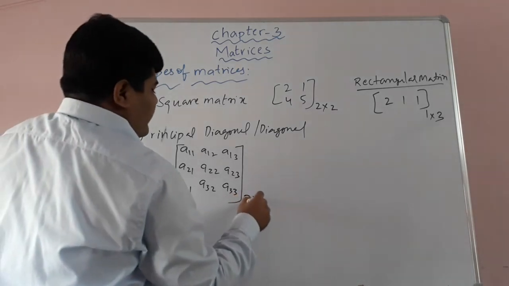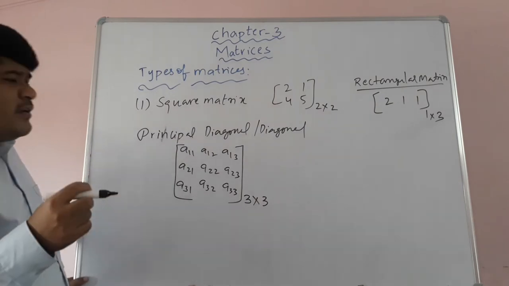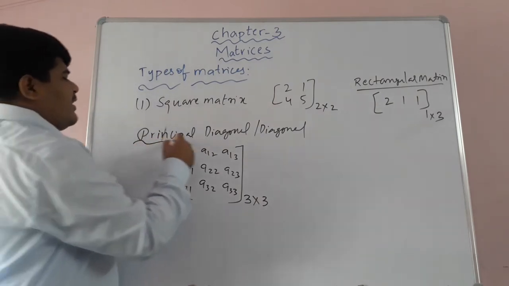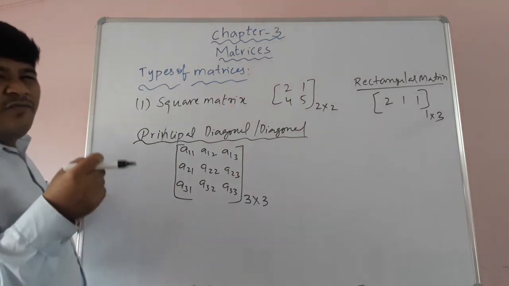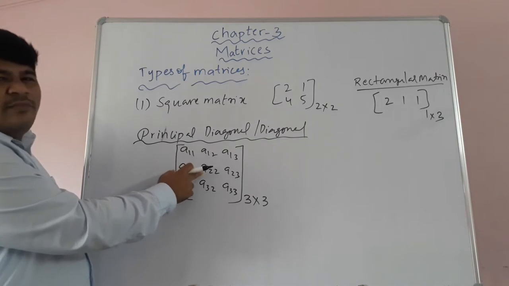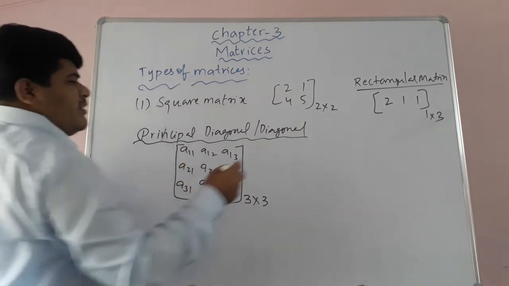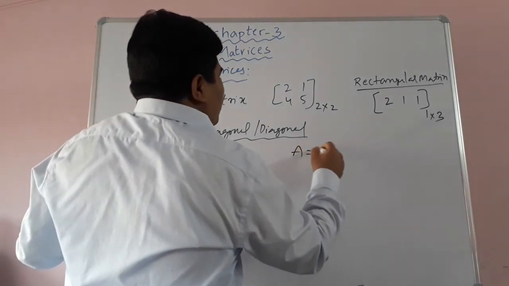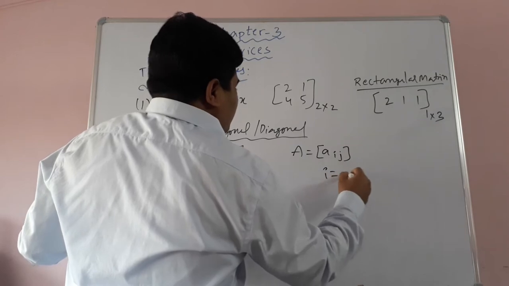Its order is 3 by 3. So what does the principal diagonal mean? The elements: first row first element, second row second element, third row third element. If you commonly define the elements of the matrix as Aij, then the group of elements where i is equal to j.